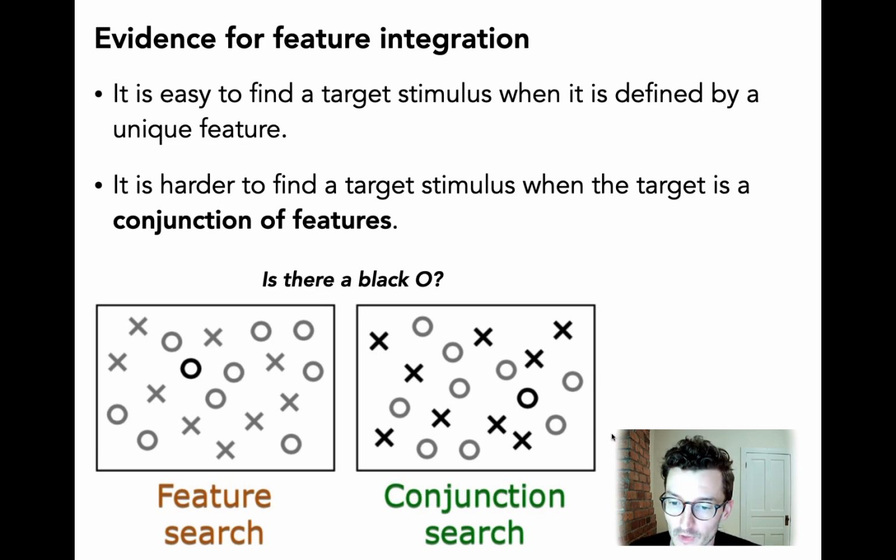You're simply looking for one distinctive feature. So I'm going to show you an example of how this works, and hopefully it'll sort of paint the picture that conjunction searches are actually much more difficult than feature searches. So I'm going to ask you to find the red V. So you'll stare at a fixation cross, and you'll see an array of objects, and you'll have to quickly scan the objects to find the red V.